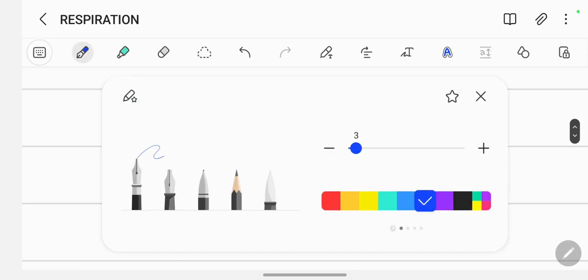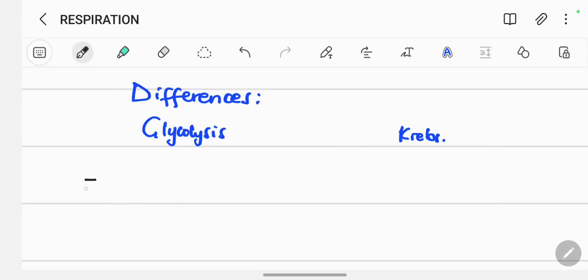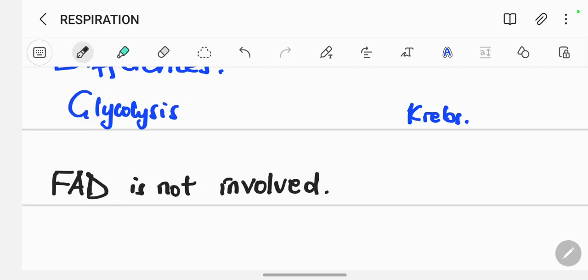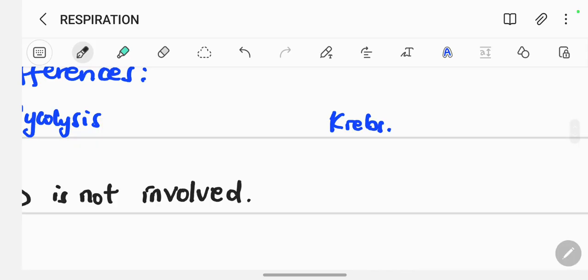So the first difference is that fat is not involved during glycolysis. But in Krebs we have fat involved.